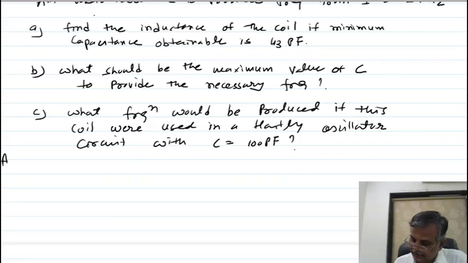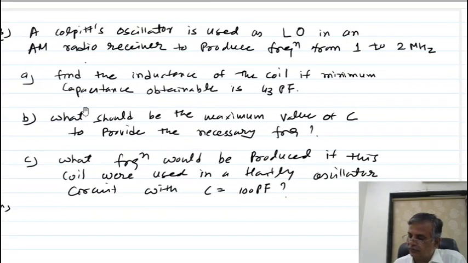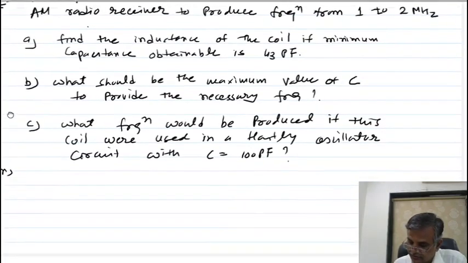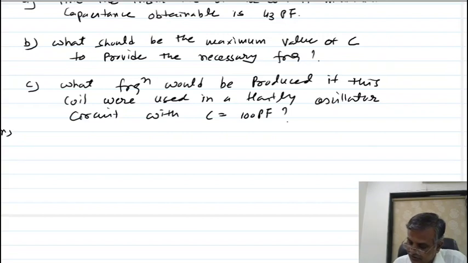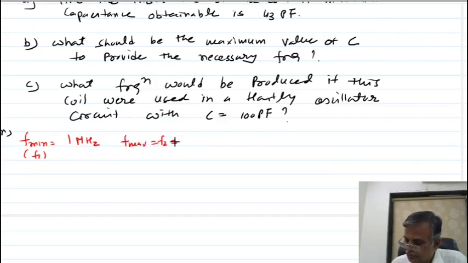See here, listen, answer. The frequency range is given as 1 to 2 megahertz. So I should write my frequency range: F minimum is 1 megahertz, F1, and F maximum, let me say F2, is 2 megahertz.